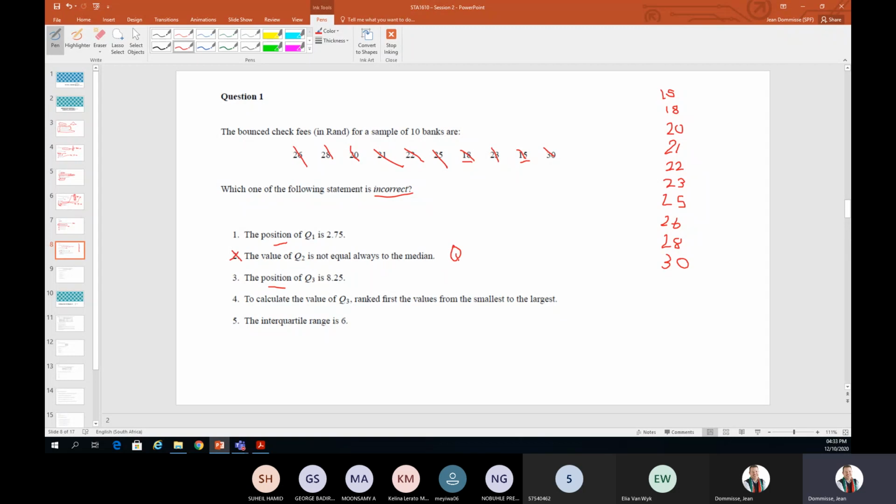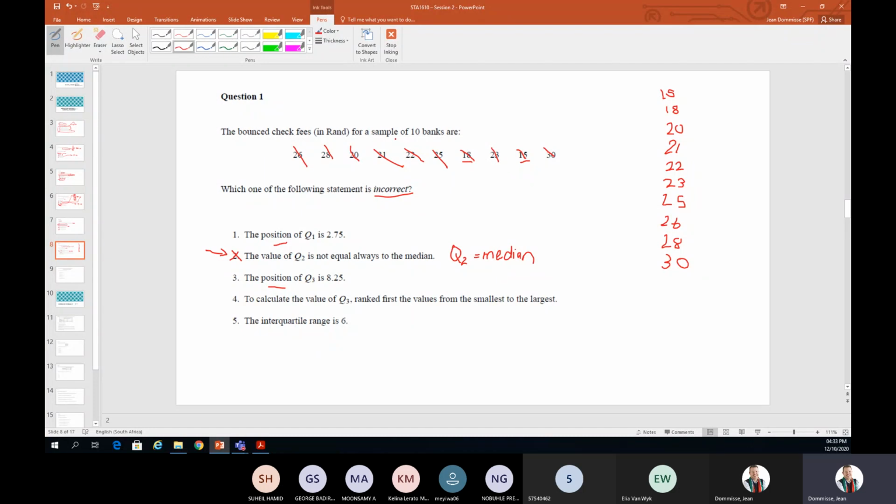Q2 is always equal to the median. Okay, so that is the answer that we are looking for. But let's look at the rest. So let's work out Q1 and Q3. Let's see what the rest of the questions are.